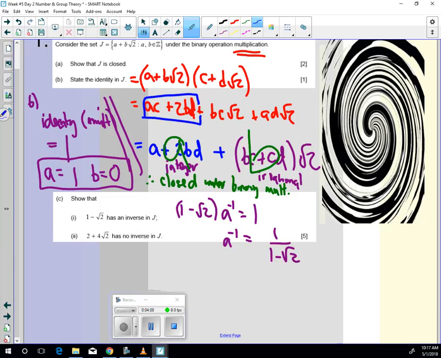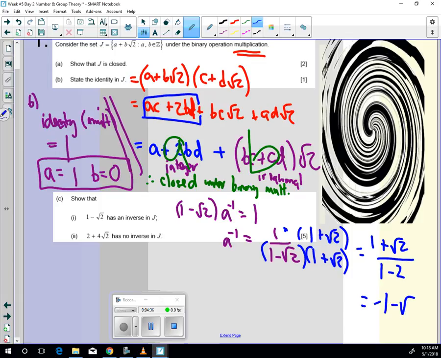You're going to multiply top and bottom by what? 1 plus square root of 2. Perfect. And so this is going to be equal to 1 plus the square root of 2 over what? Yes, 1. Middle terms drop out, and you're going to get minus 2, which is negative 1, which is negative 1 minus root of 2. That's what a inverse is.